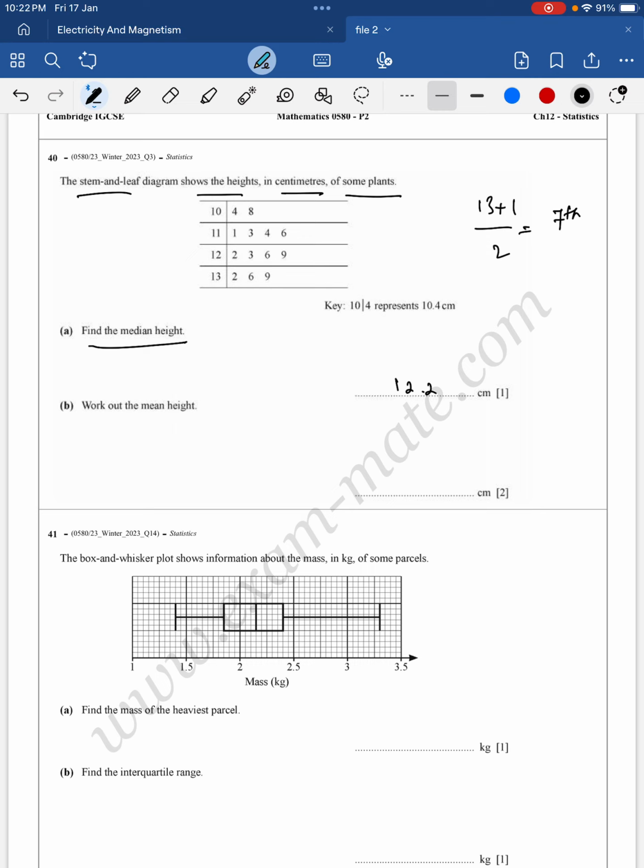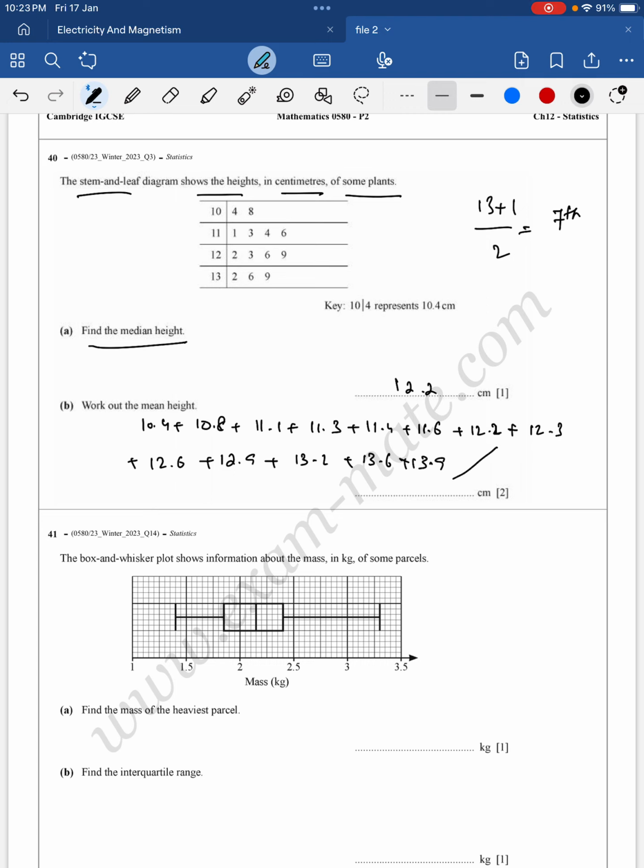Work out the mean height. For mean height, we have to solve this by adding all the values. That is 10.4 plus 10.8 plus 11.1 plus 11.3 plus 11.4 plus 11.6 plus 12.2 plus 12.3 plus 12.6 plus 12.9 plus 13.2 plus 13.6 plus 13.9.